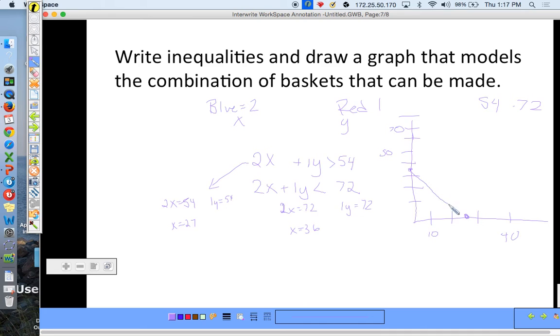So here's this line. And then for our next one, we have x equals 36 and y equals 72. And it can be in between those. So we would shade in between. So any coordinate in here represents a number of baskets that can be made.